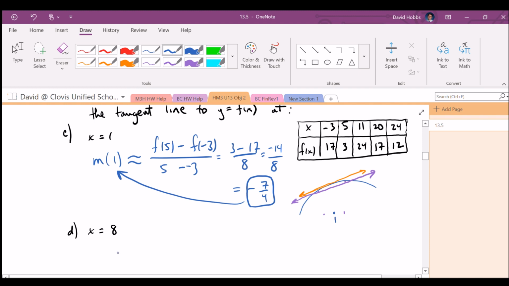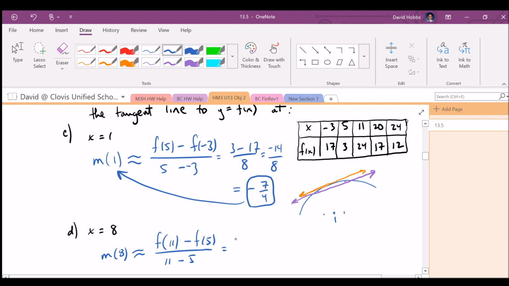So the slope at x equals 8 for y equals f of x is approximately f of 11 minus f of 5 over 11 minus 5. We're just doing the slope of the secant line equally spaced on either side of that, and that will be the best approximation we can do for the slope of the tangent line.